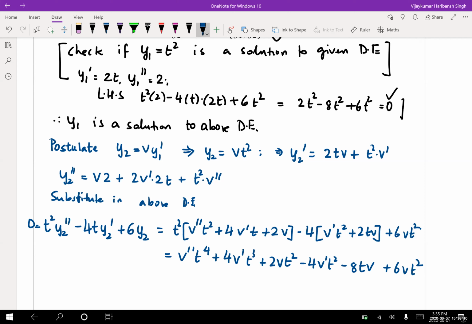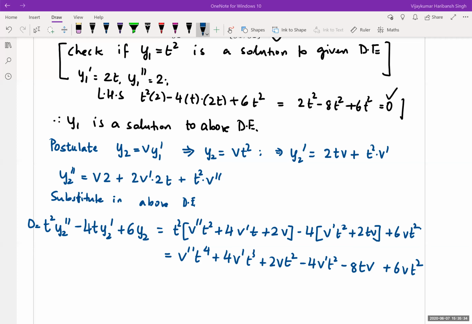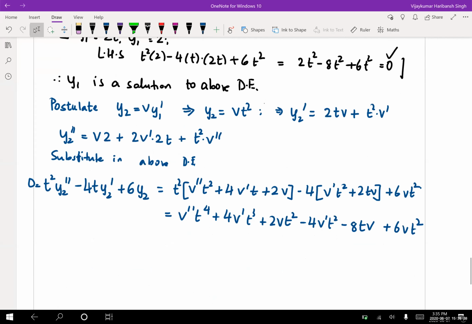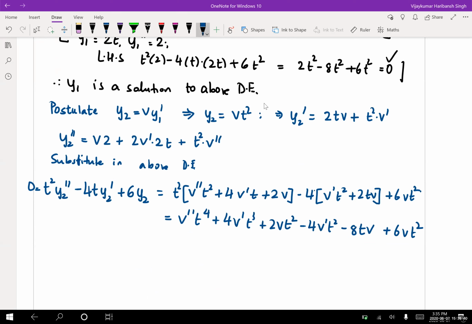Now let's see what we can cancel. The equation was 4t times, so there has to be a t here, so the power gets bumped up to t cubed. Okay, so now let's work it out.